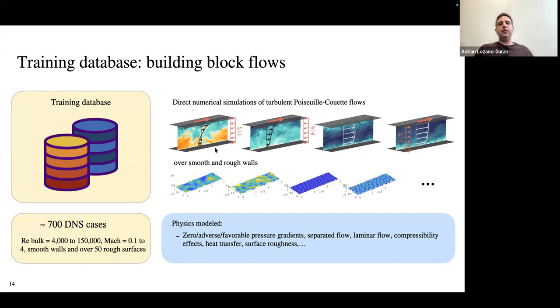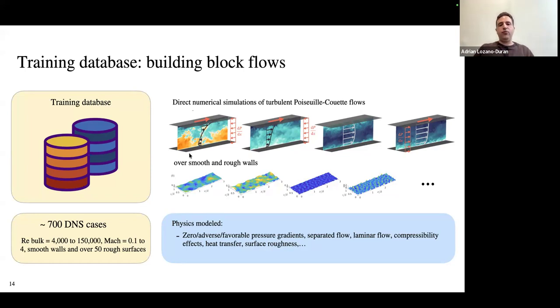And some of these cases have a smooth wall, and some cases have a rough wall, because the model also accounts for some under-resolved roughness. And these rough walls have different topologies. And on top of this, we have different Mach numbers. So the model will solve cases that are incompressible and cases that are compressible, up to Mach 3 or Mach 4 in that range.